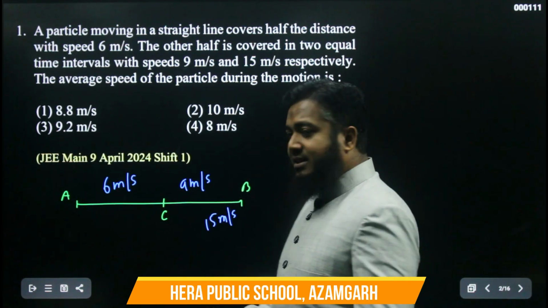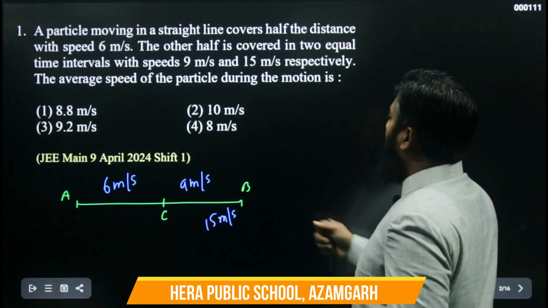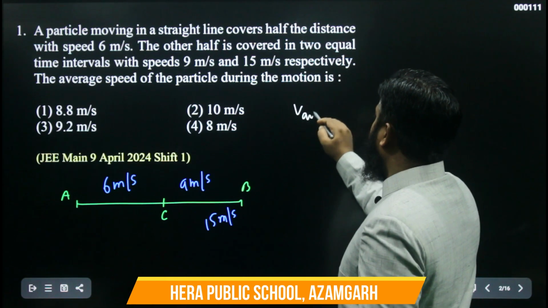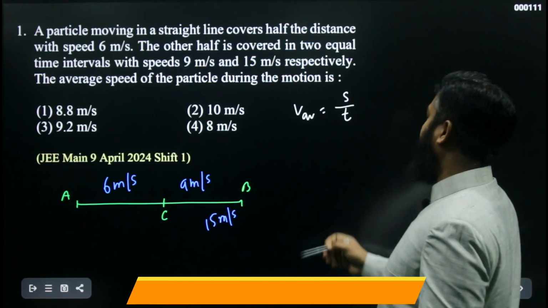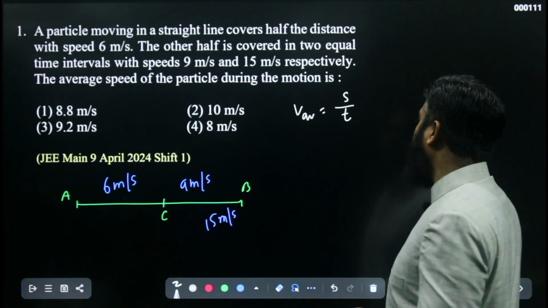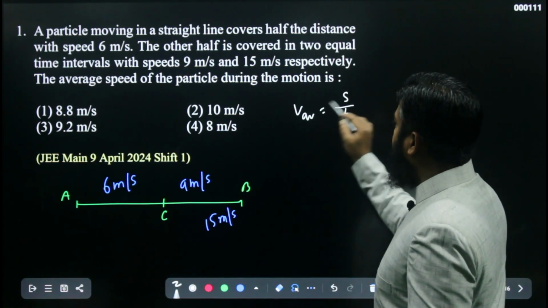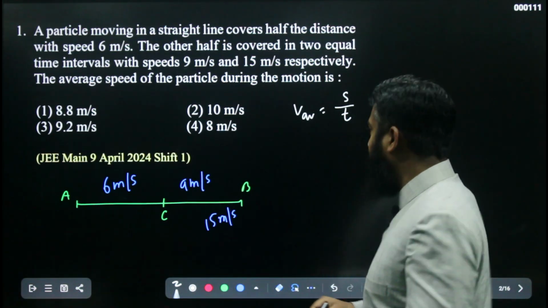Okay, now let us understand this whole case in its entirety. So we know that average speed is distance upon time. So from here, if we are given speed and time, we can find the distance traveled. If we are given speed and distance, we can find the time taken by the particle.